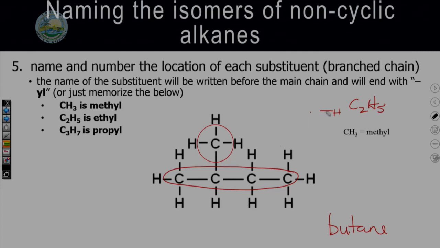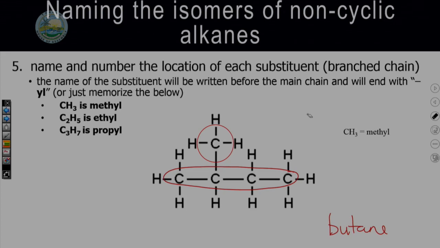So in the example we have methyl. Because it's a branch and it is meth, which is 1 carbon, we refer to it as methyl. We add "il" to the end. And we would have said that the name of the substituent is written before the main chain.